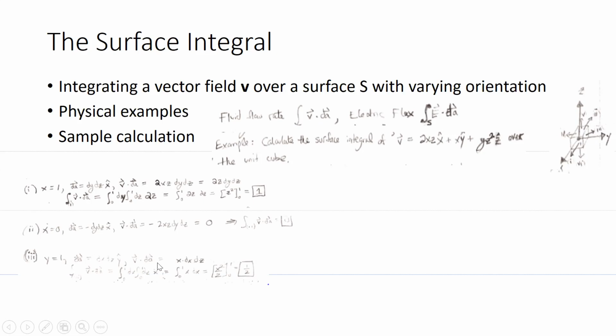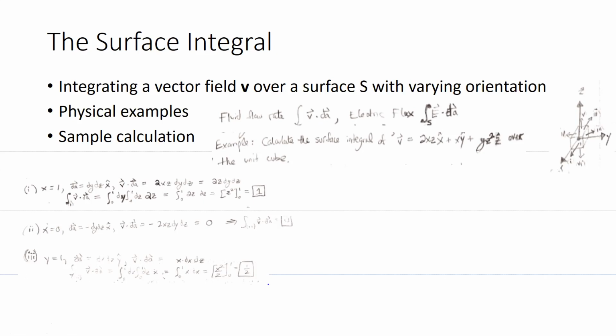So v dot dA is going to be, if we look at the v here, the y hat component is x, and then we have dx dz. So we have x dx dz if we take this v dotted with that dA.